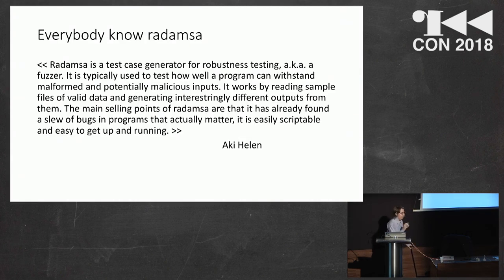So I'm sure everybody uses and knows Radamsa. How many people in this audience don't know Radamsa? A lot of guys. That's bad. You underestimate the power of dumb fuzzing. So Radamsa is actually a test case generator for robustness testing, as stated by its author, Aki Helin.